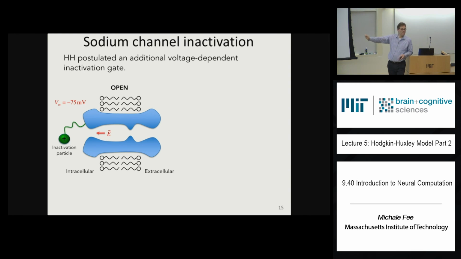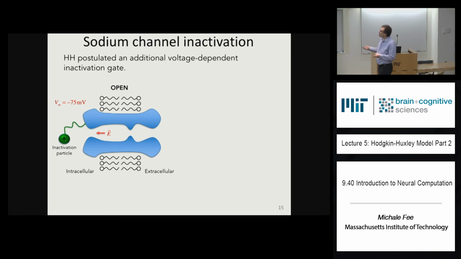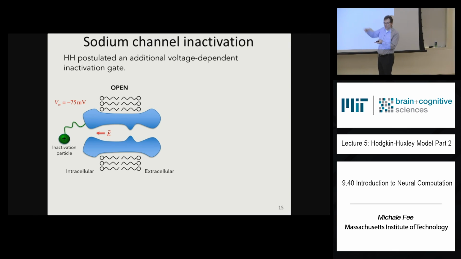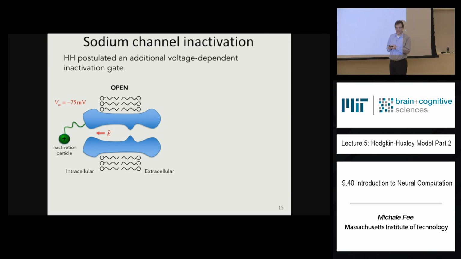Okay? Turns out that that's a real thing. It turns out it's just a loop of amino acids on the inside of the ion channel. Hodgkin and Huxley, of course, they didn't have the structure of the sodium channel, but they actually predicted the existence of this thing that they call the inactivation particle.